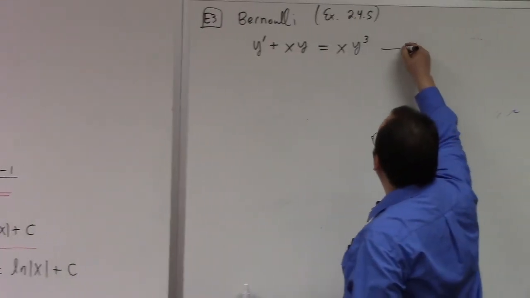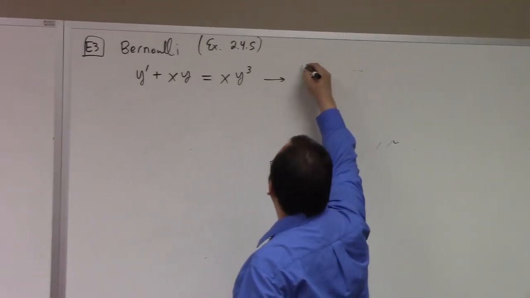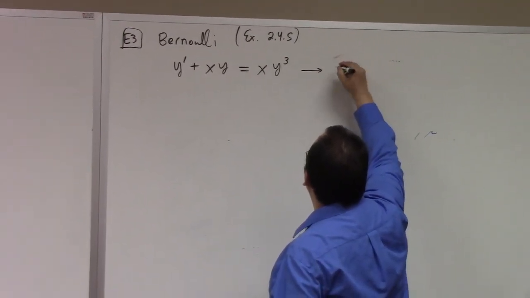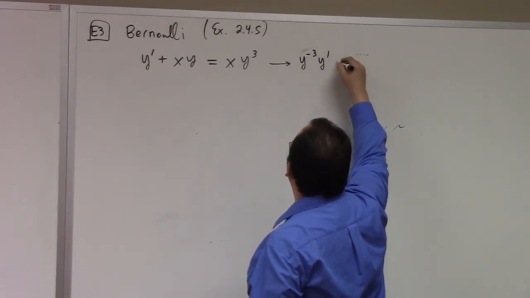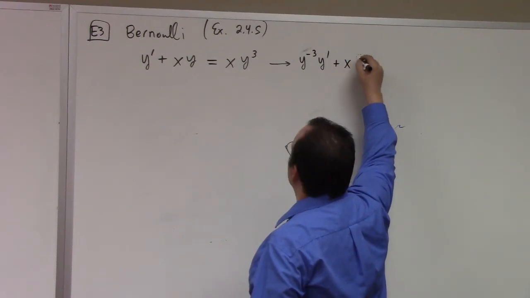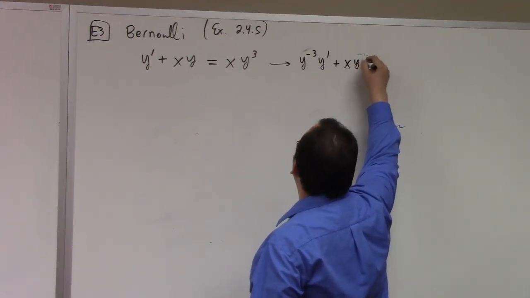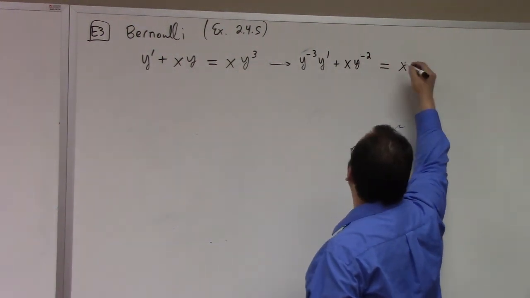But here's the thing. If you divide by y cubed, this gives us y to the minus 3 times y prime plus x times y to the minus 2, I suppose, is equal to x, yeah?